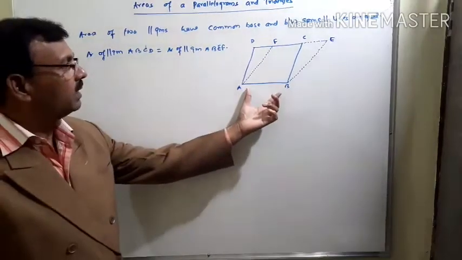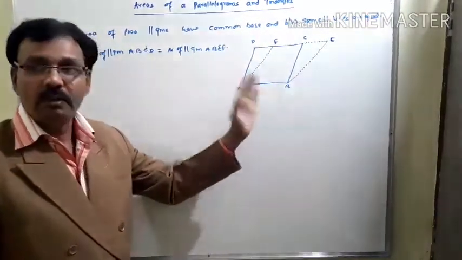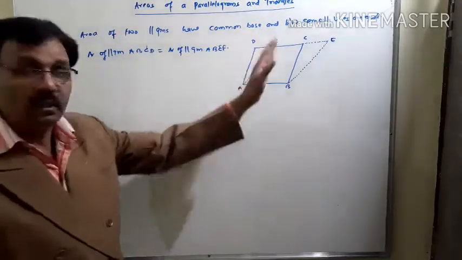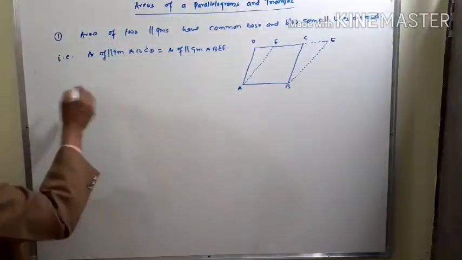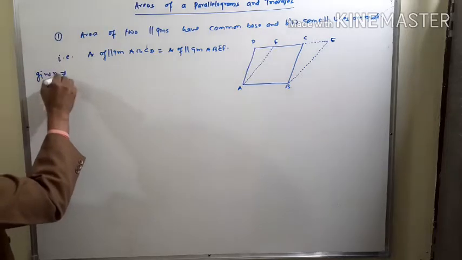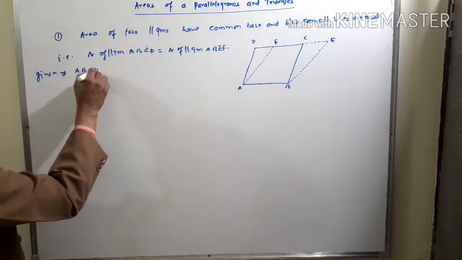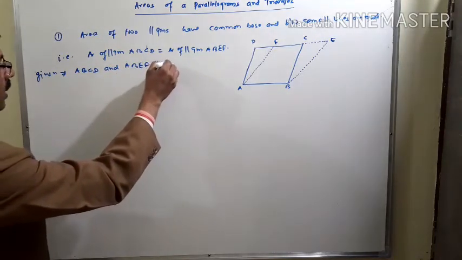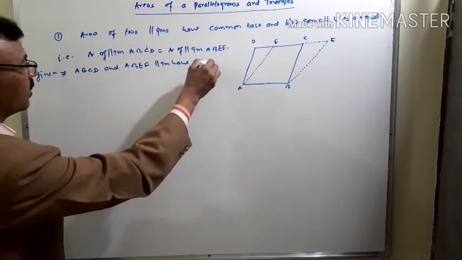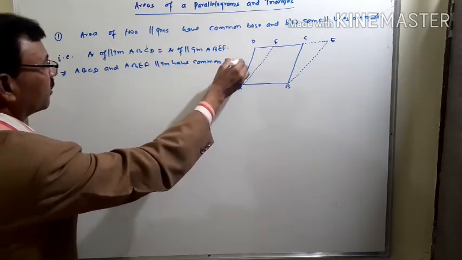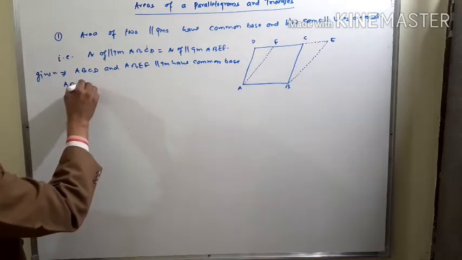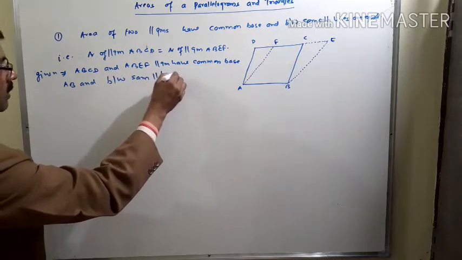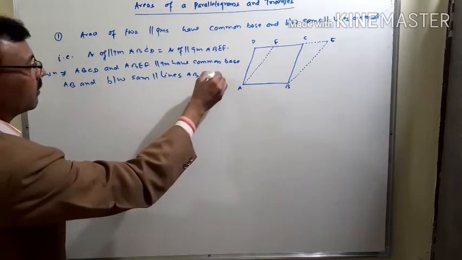The areas of parallelograms ABCD and ABEF will be equal if both have common base AB and lie between the same parallel lines AB and DE. Here it is given that ABCD and ABEF are parallelograms with common base AB and between the same parallel lines AB and DE.